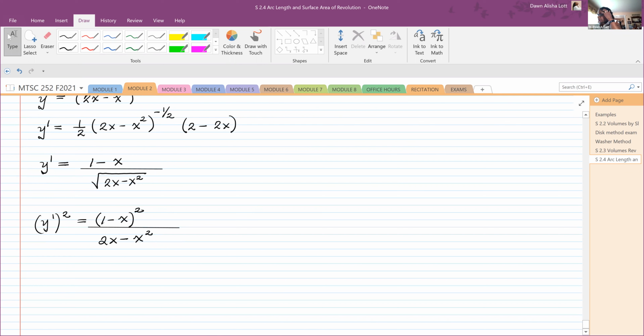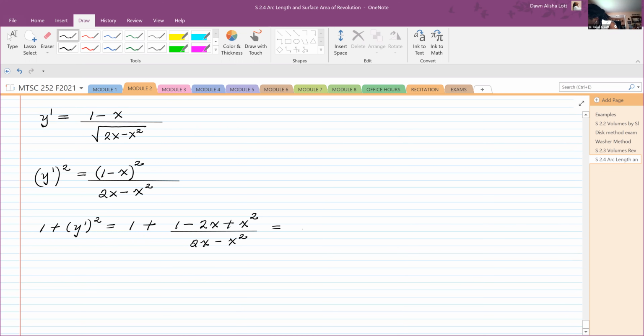Therefore, 1 plus y prime squared becomes 1 plus 1 minus 2x plus x squared over 2x minus x squared. But that looks like 2x minus x squared. Oh, how wonderful. Plus 1 minus 2x plus x squared, over 2x minus x squared. How beautiful is that? It looks scary, but it's not.